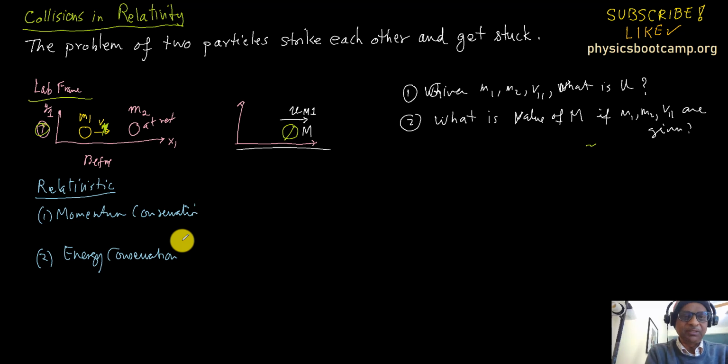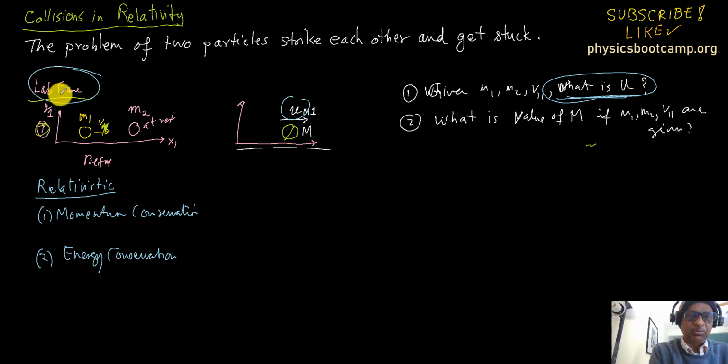So when you have momentum conservation, we can try to address this question: how do you find out what the value of u will be? We are just in one frame, so we use the same simpler notation. These will be particle 1's rest mass and particle 2's rest mass.